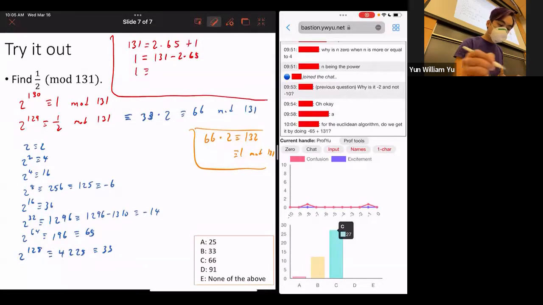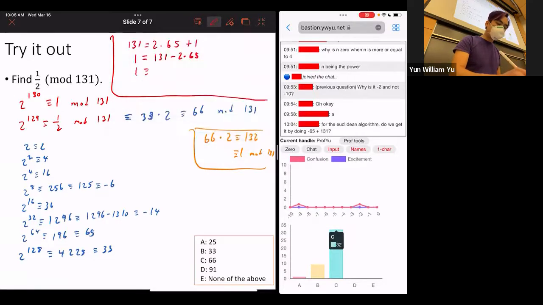So 1 is congruent. Wait, I think I did that wrong. What did I do wrong? 131 is equal to 2 times 65 plus 1. Okay, so 1 is equal to 131 minus 2 times 65. Okay, so then 1 is congruent. Oh, so, yes, that's right.